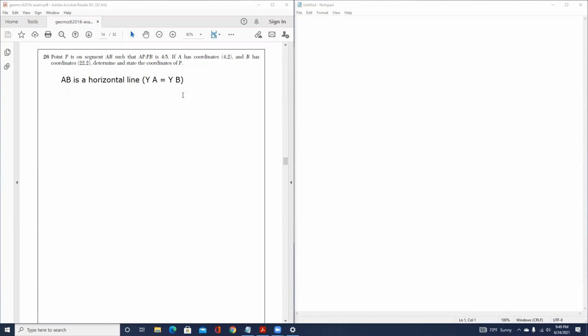The y measurement of A is the same as the y measurement of B, so therefore there is no rise in the y direction.